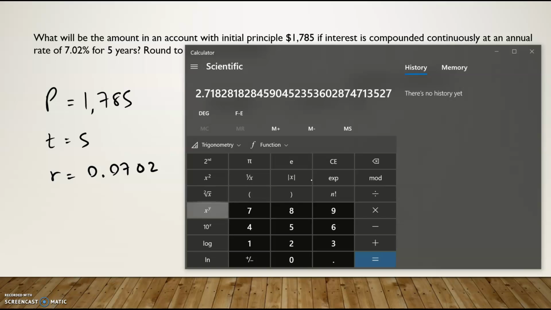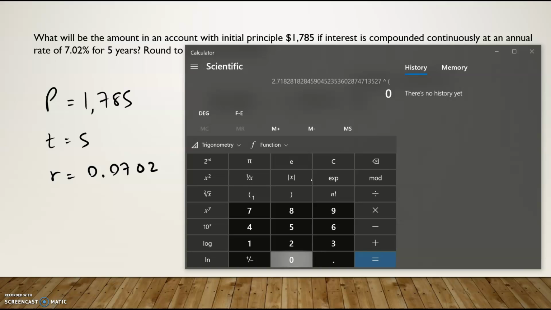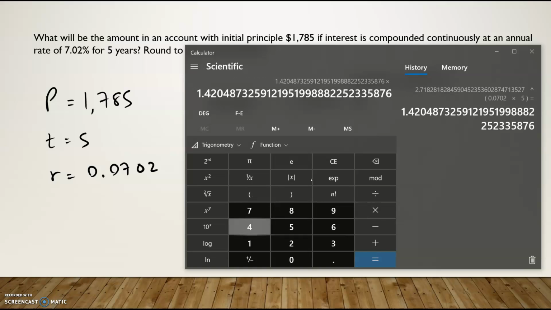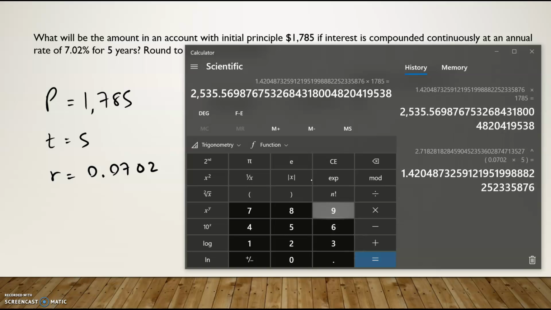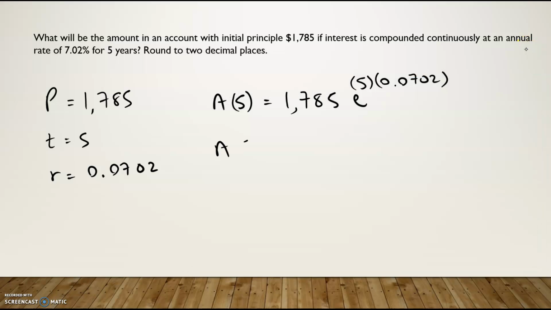Okay, we're going to start with E, and we're going to raise it to, open parentheses for me, 0.0702 times 5, close parentheses, equals, times 1,785, and that should give us 2,535.769. Okay, that 9 will affect that 6, so that'll be 57. So our final answer for this one is 2,535.57.